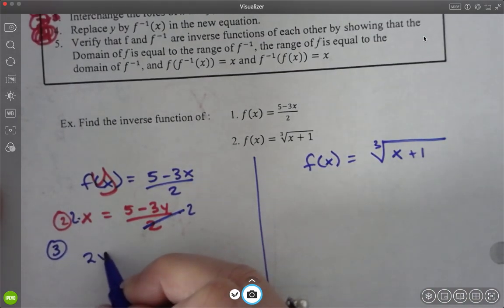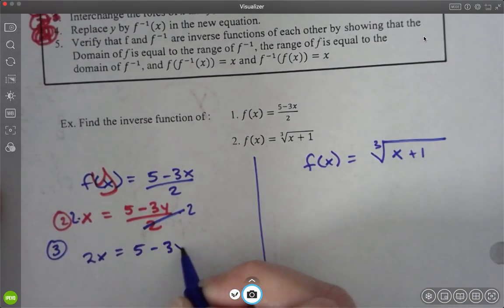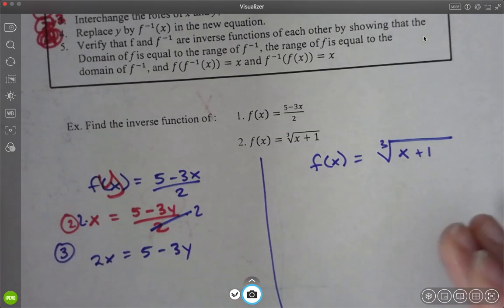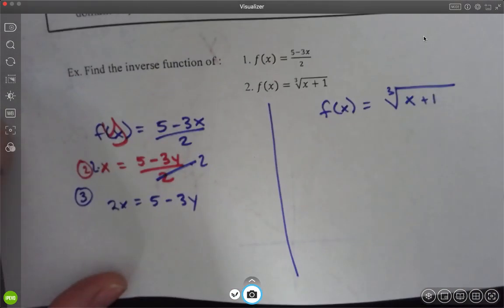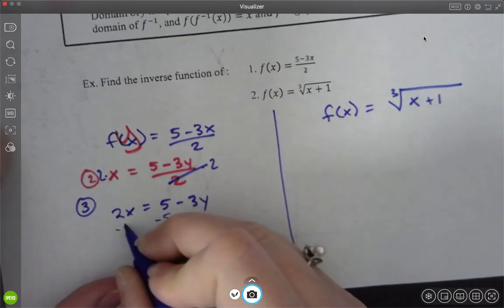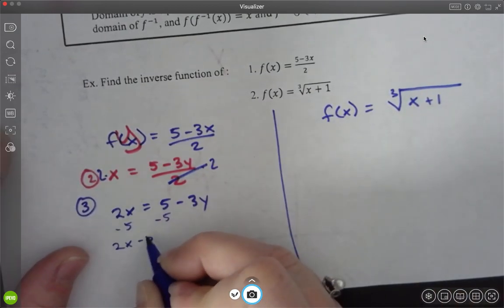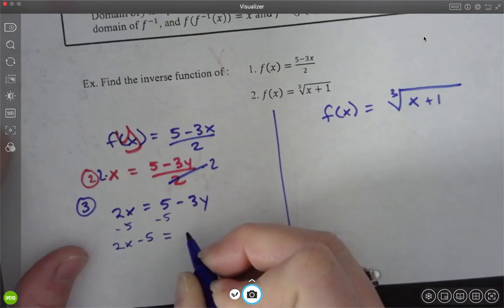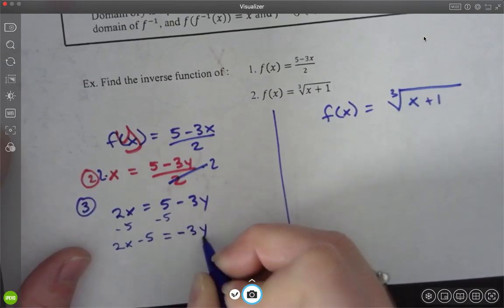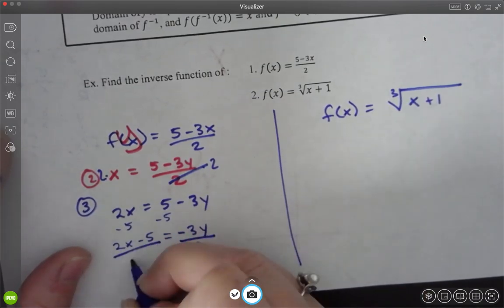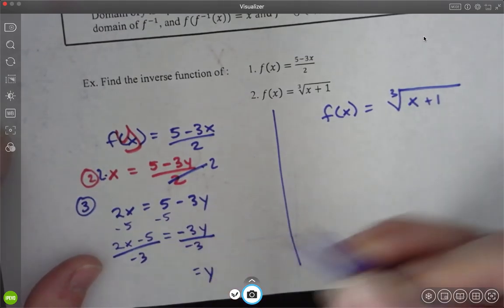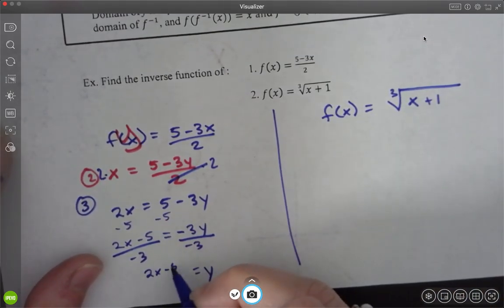So 2x equals 5 minus 3y. Then subtract 5, so 2x minus 5 equals negative 3y. Divide by negative 3. Y equals 2x minus 5 over negative 3.